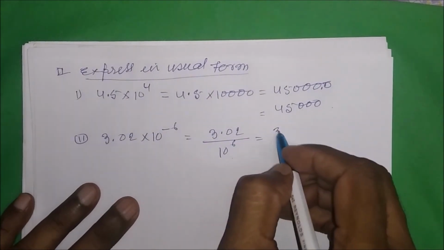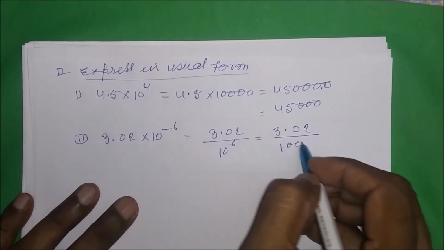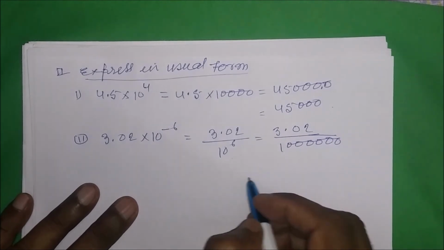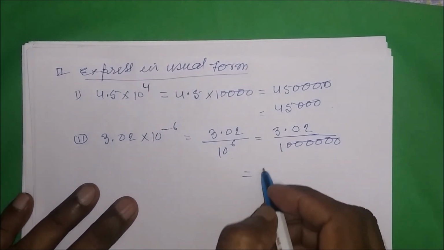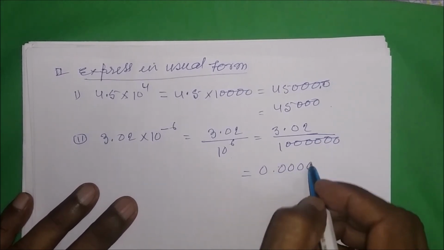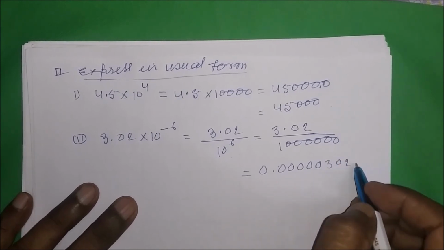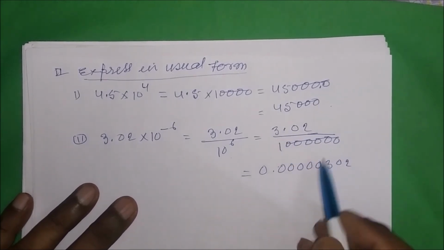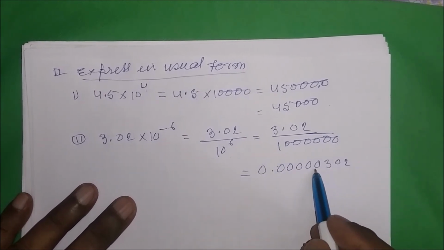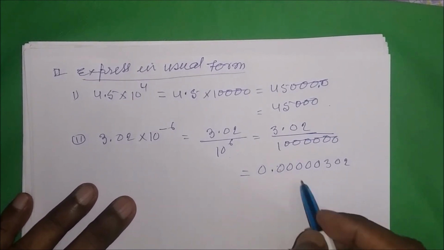And it will be 3.02, and here what can we write? 1 and 6 zeros, 4, 5, 6, and that equals 0.0000302. Why have I written this one? Because here the decimal will be counting from here. The 1 is there, 3, then right 2, 3, 4, 5, 6. So here 6 zeros have come up.